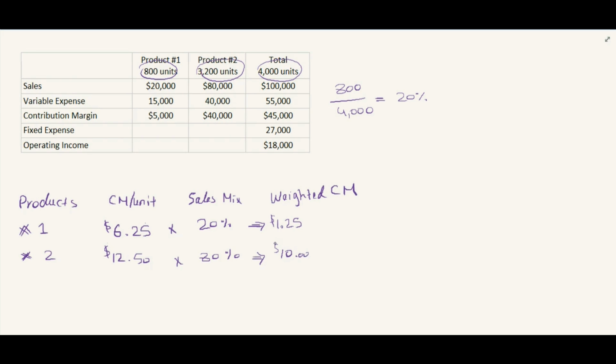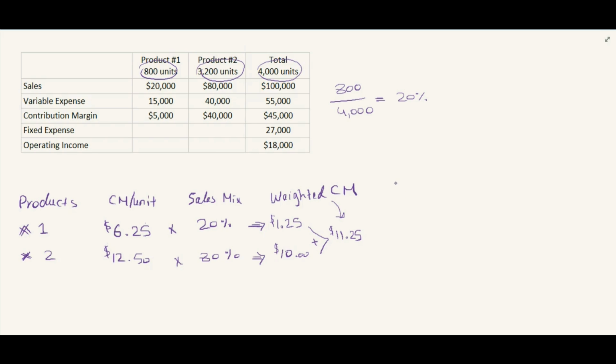We will add these two numbers and that will give us 11.25, and this is what we call the weighted CM. So the weighted CM, we arrive at it by multiplying the CM per unit by the sales mix for each product. Then we add up all the results, and that will give us the weighted CM.